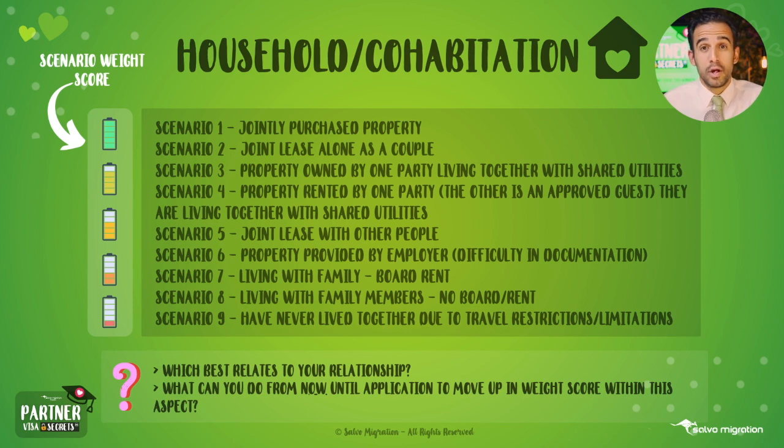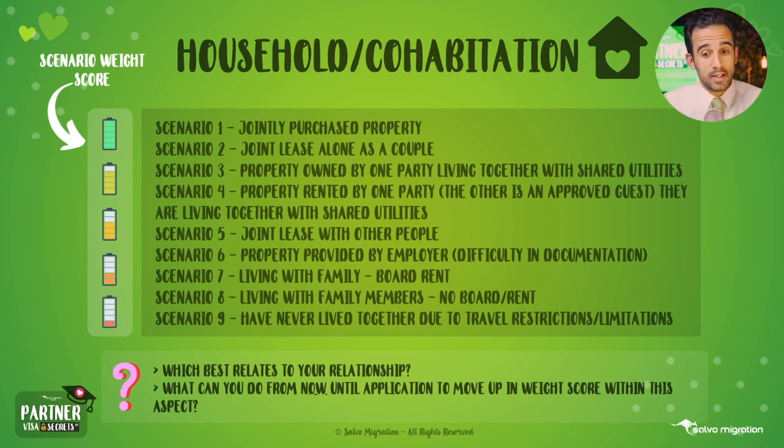That to me is still a good scenario because you are living together alone as a couple, and it's explainable as to why the migrating partner doesn't, I suppose, contribute to the expenses of that property aside from shared utilities, because the property was purchased and maintained by the Australian sponsor before the relationship with the migrating partner. Then we kind of work our way down from there.